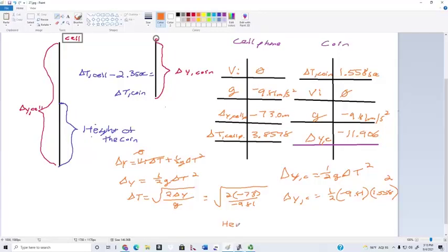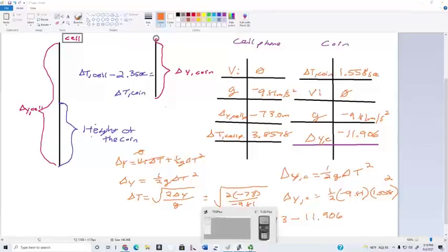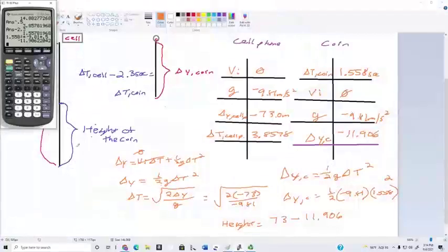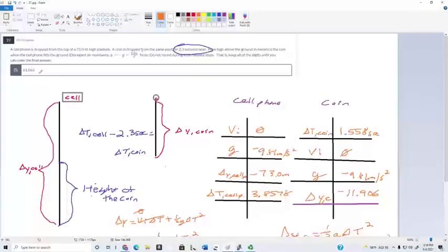So the height is equal to 73, that is the delta y of the cell phone without the negative symbol in front of it, minus 11.906. 73 minus 11.906 equals 61.094.